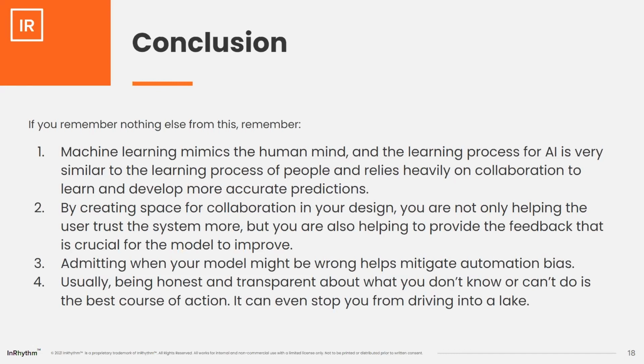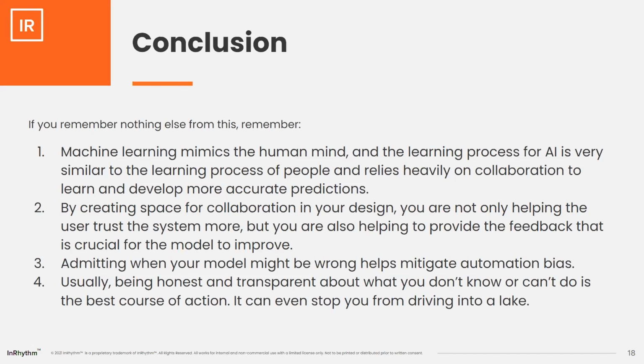So don't hesitate to be honest about what you're making. Don't try to treat artificial intelligence as though it's this end-all be-all fount of truth and knowledge, and your design places it up on a pedestal. That's not necessarily the right thing to do.